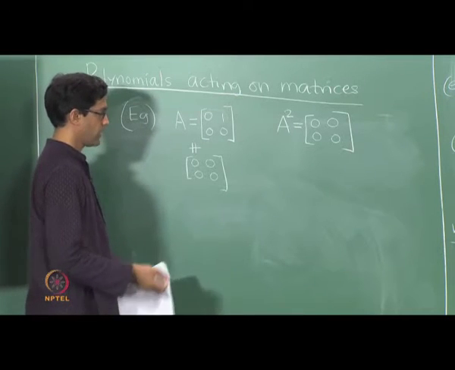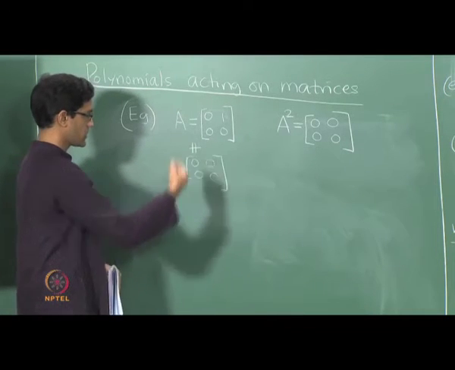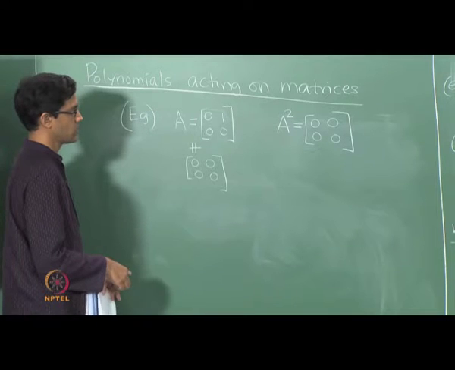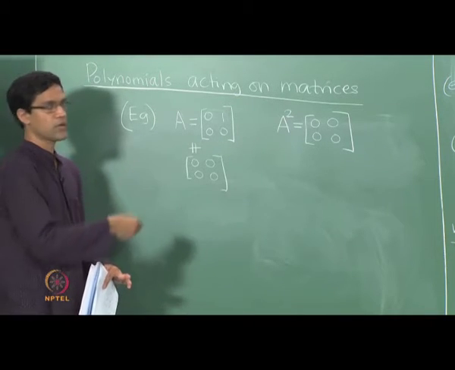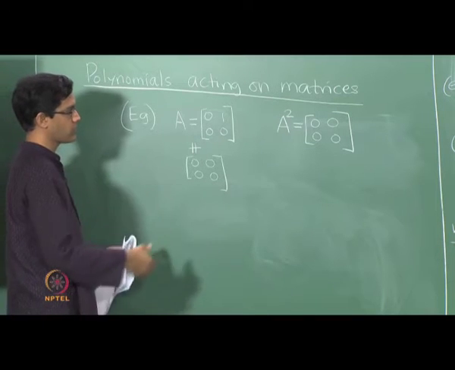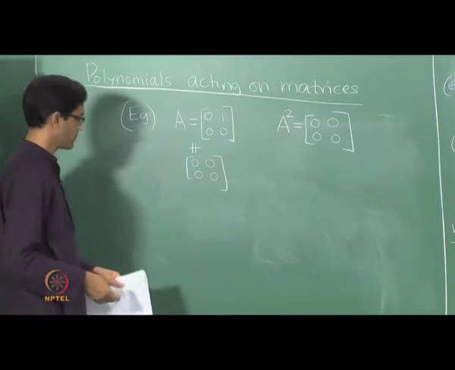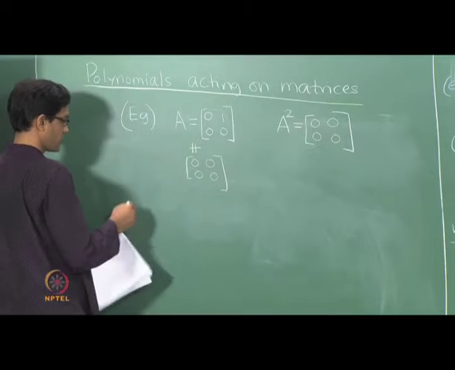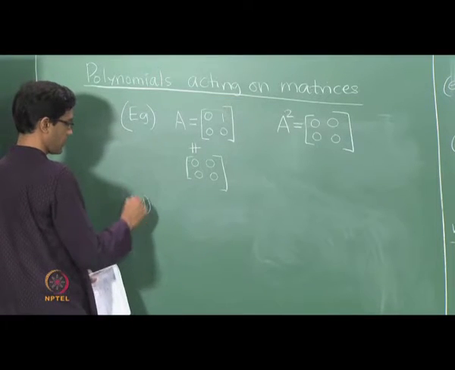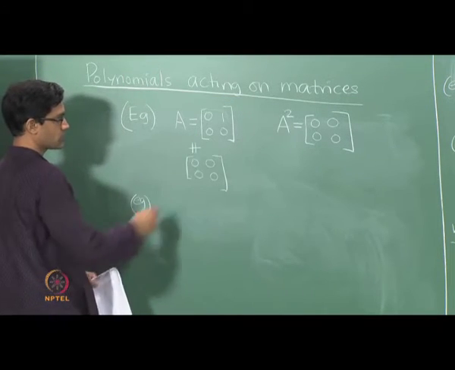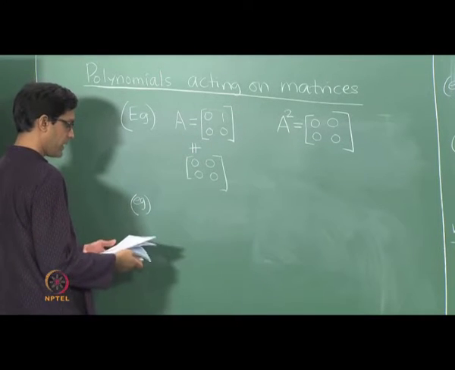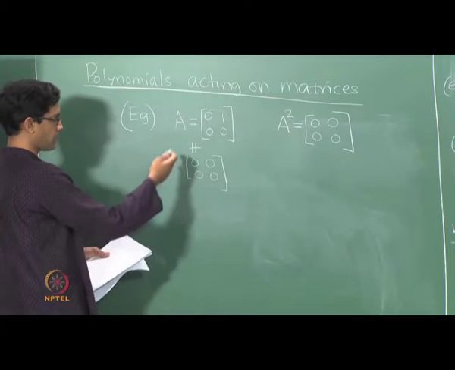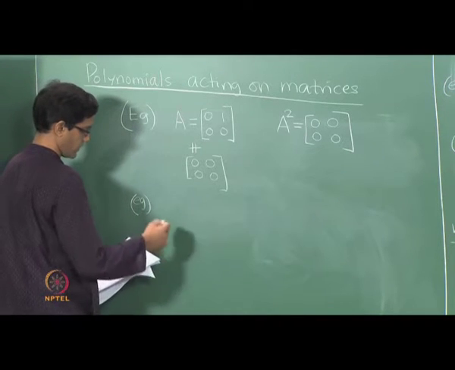Okay. So matrices in this sense behave very differently from how real numbers would behave. A matrix could be non-zero but its square could be 0. Okay. So again this suggests an extension, which is you start with an arbitrary matrix and try to apply some polynomial to it and make it 0. So the question really is, let us do it by example, a generalization of this. Here just squaring the matrix was enough to produce a 0. More generally, can you find polynomials which when applied to a matrix will produce the 0 matrix? Okay.